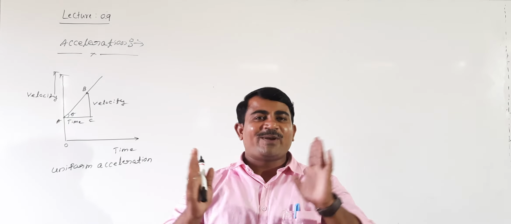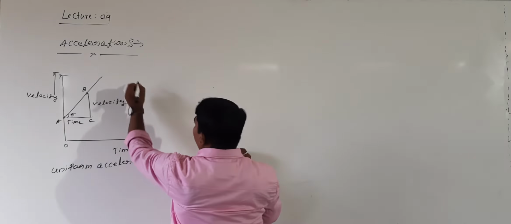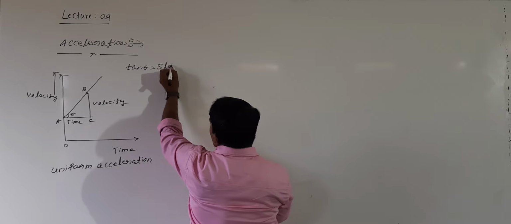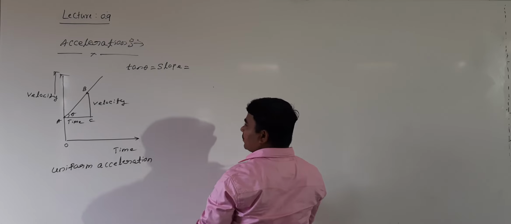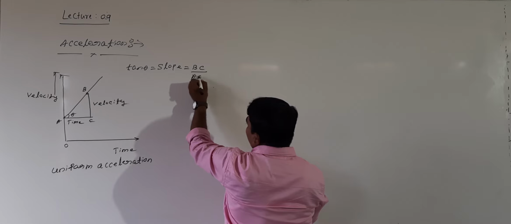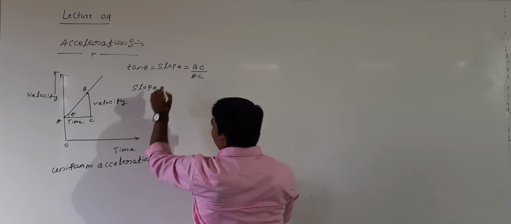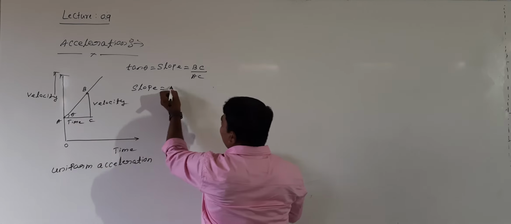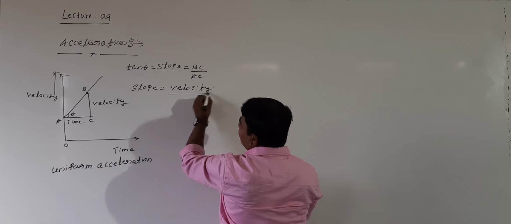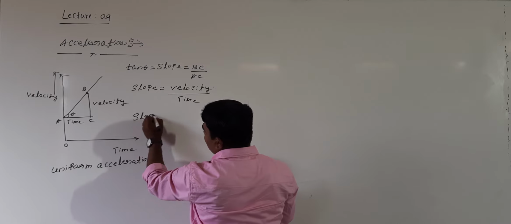Then the slope of the velocity time graph, what does it indicate? See here, slope is tan theta directly. Tan theta must be equal to slope. In this triangle, slope equals BC divided by AC. BC means velocity, AC means time.